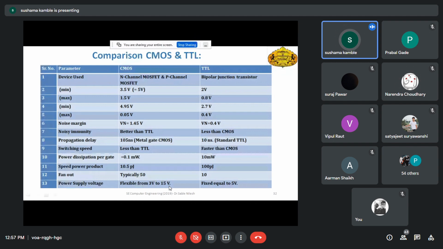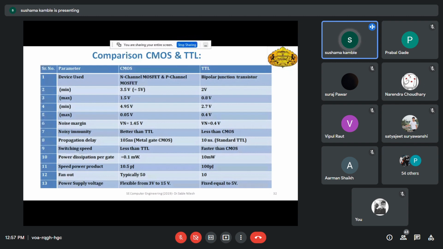For ENTC students, for interfacing, the power supply voltage is 3 to 15 volt, and for TTL it is required only 5 volt. Now tell me, what do you mean by fan out? Here we are saying typically 50, and for TTL typically 10. This is important for MCQs for both the branches.